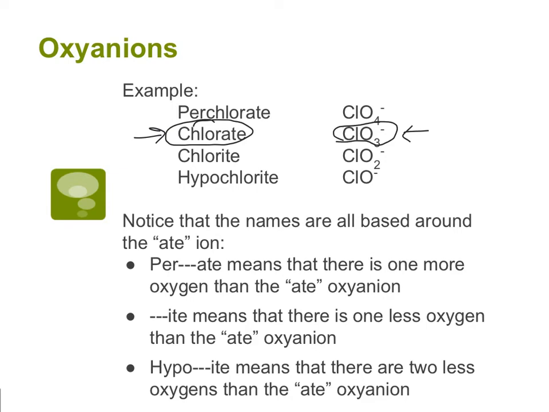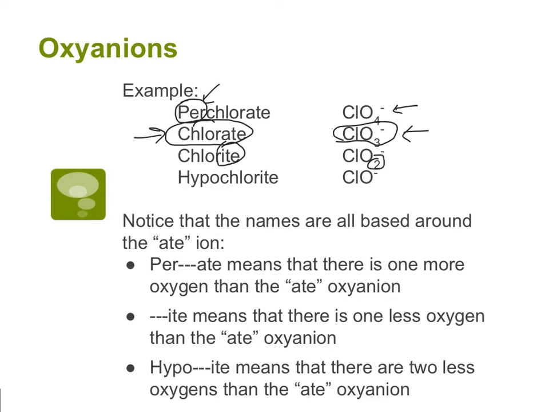If you were to add one more oxygen to the formula, so that would be ClO4 minus, then we need to change the name to indicate that. And the way that we do that is we use the per in front of the chlorate to say that there's one more oxygen. So ClO4 minus would be a perchlorate. If you had one less oxygen, so ClO2 instead of ClO3, then you still use the chlor, but you change the ending to ite.